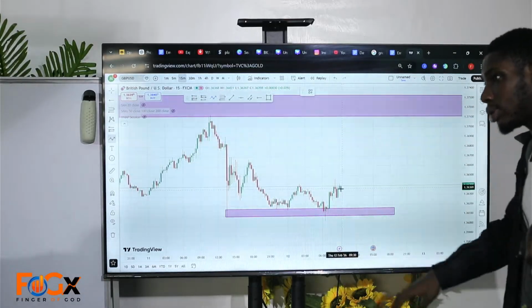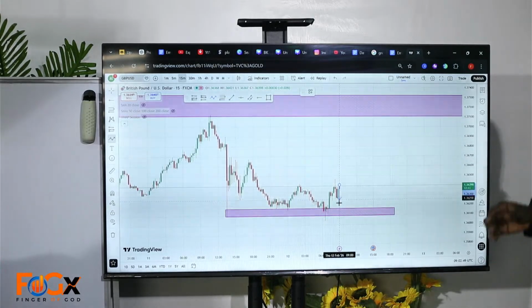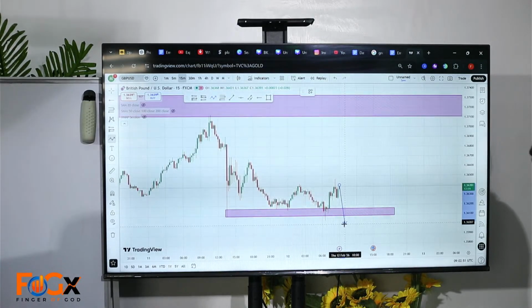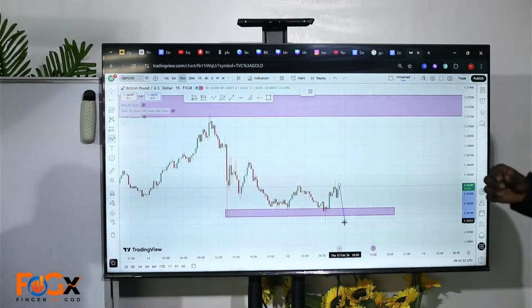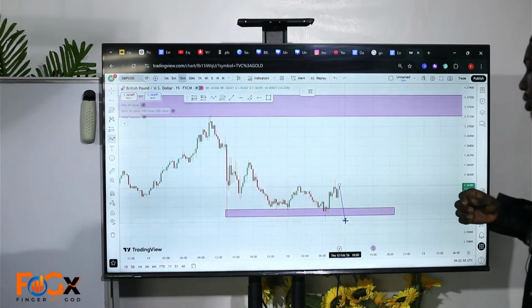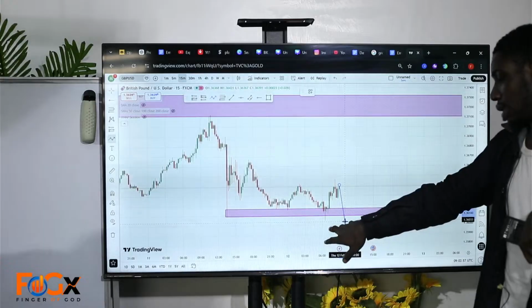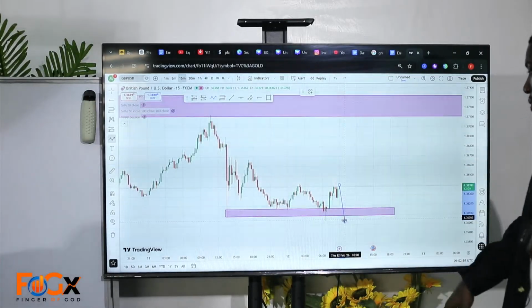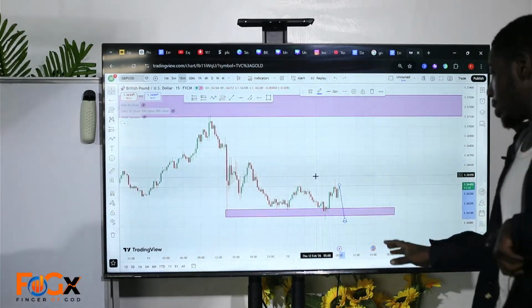On the 15 minutes candlestick, right? Yes. That is for a sell.